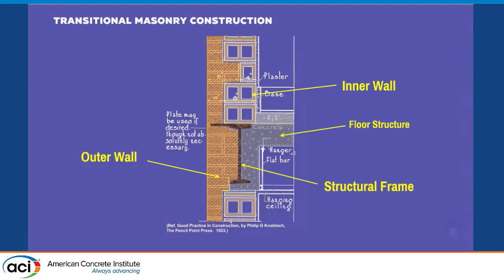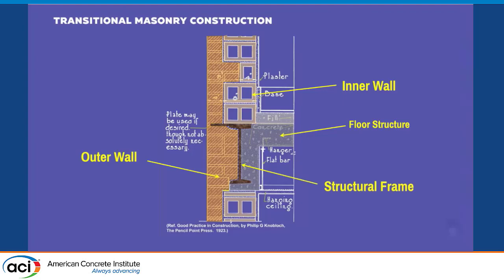And you can see here, in this case, a steel beam, which could be a concrete beam, supporting a concrete floor. The steel beam, which is a structure, supporting an inner wall or backup wall, which in this case is constructed with clay tiles. That was typically constructed with clay tiles. And the exterior is an outer wall constructed of brick, which many times extends from the top to the ground. It's not intermediately supported.